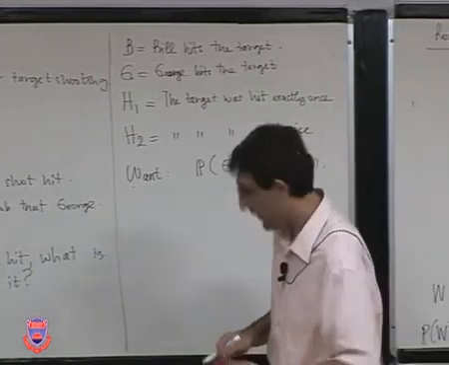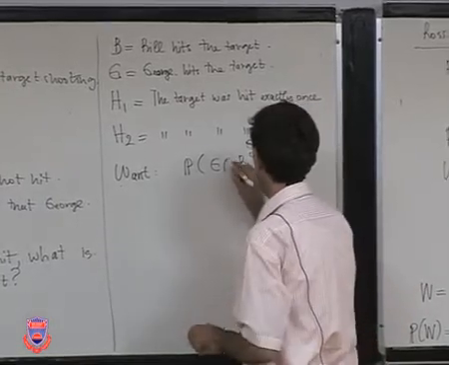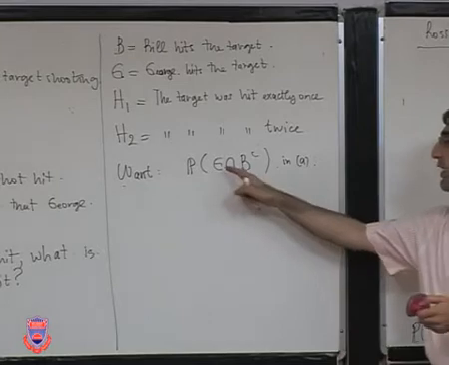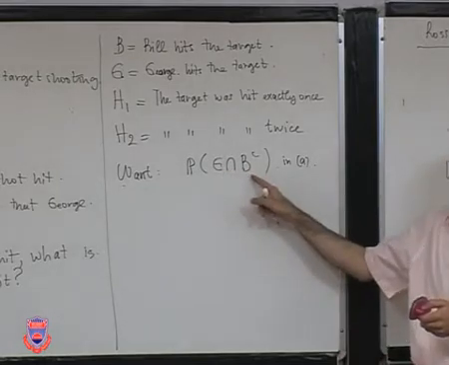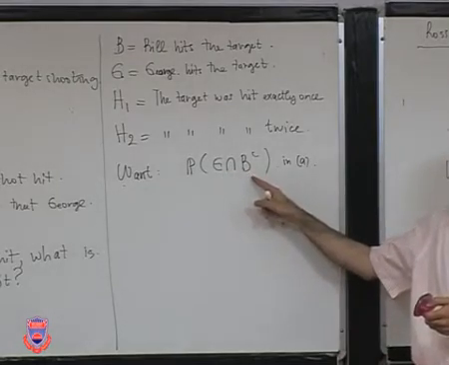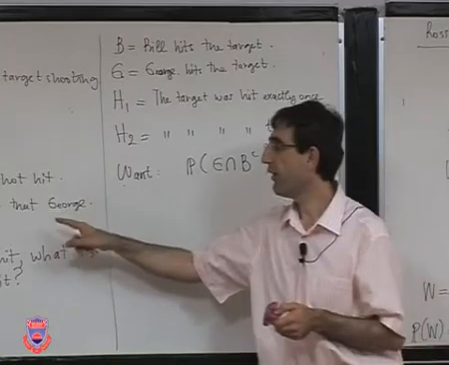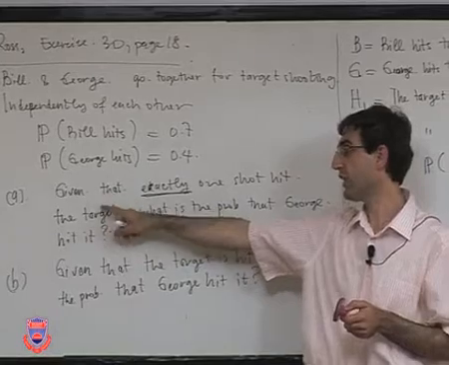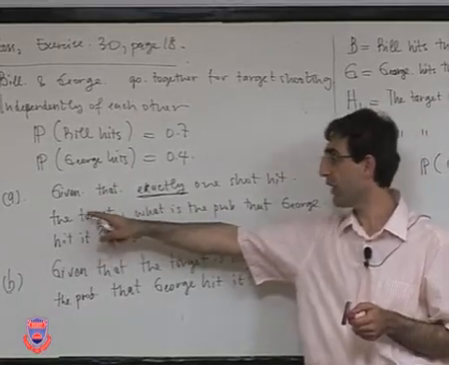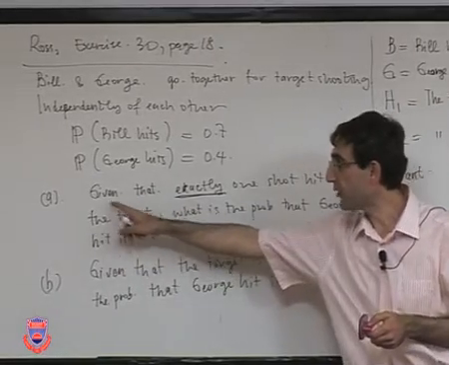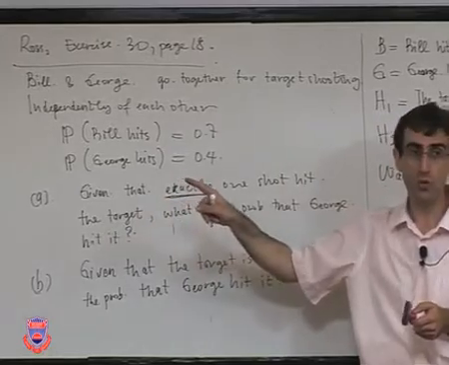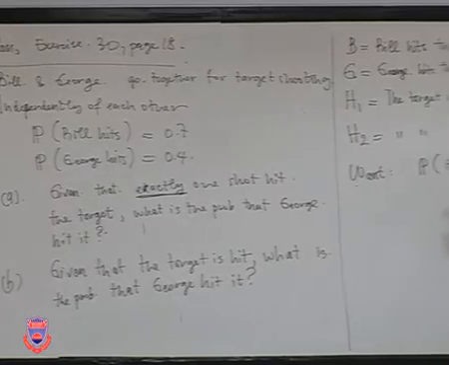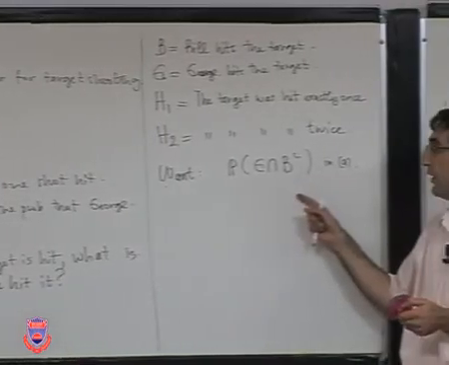You would like to calculate the probability that event G and the complement of B happen at the same time. You are reading it correctly, but I would say the first one is a better way to describe this. The given that means you already know that exactly one shot hit the target.